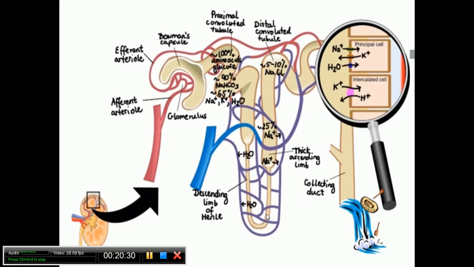So anything that comes from the tubule into this blood supply is called tubular reabsorption, and anything that comes from this blood vessel into the tubule is called tubular secretion, and this is glomerular filtration.